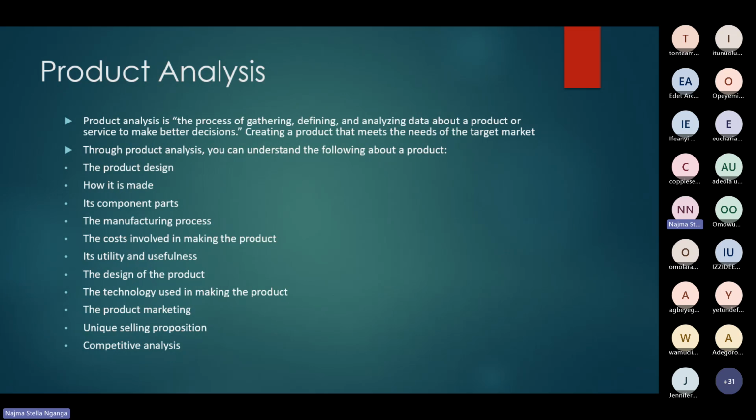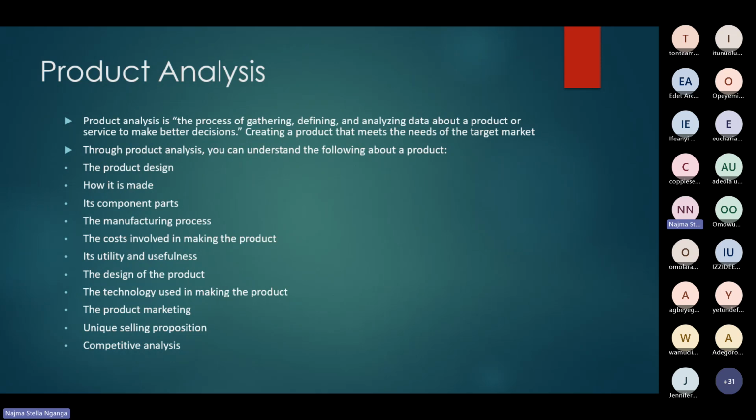Your unique selling proposition. I discussed it in the previous classes. Unique selling proposition is what does your product have that others do not have. This is your competitive edge. You have competitors in the market. What is it that your product has that others do not have?